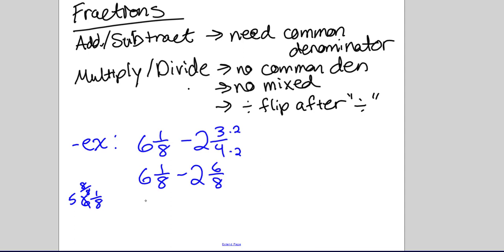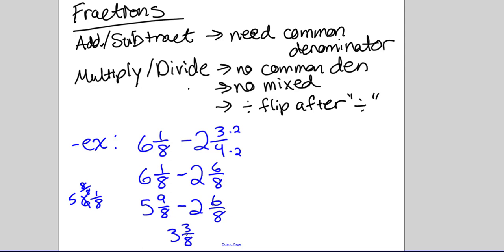So I'm going to rewrite this as 5, and the 8/8 that I'm borrowing is 1, and another 1/8 would be 9/8. So I'm putting that full thing I'm borrowing with the fraction I already have. So now I can clearly do 5 minus 2 is 3. 9/8 minus 6/8, I just do 9 minus 6 is 3 and keep my common denominator.